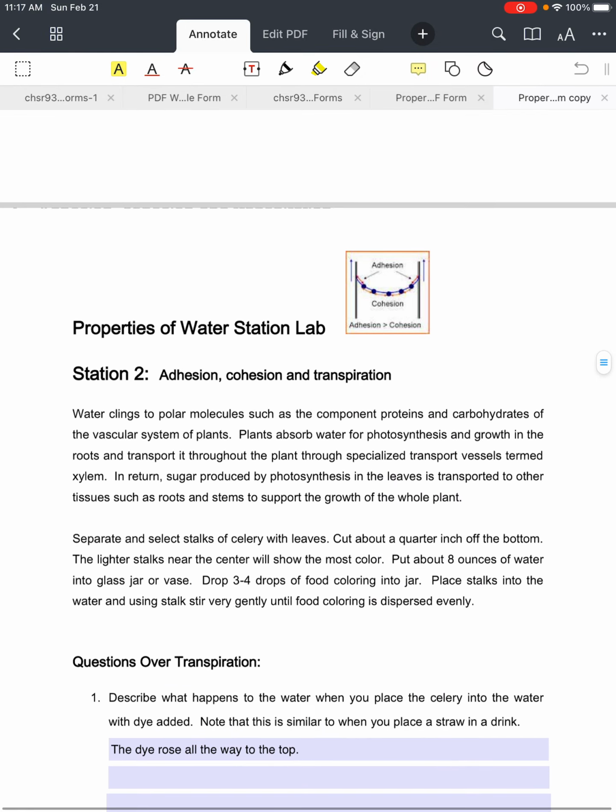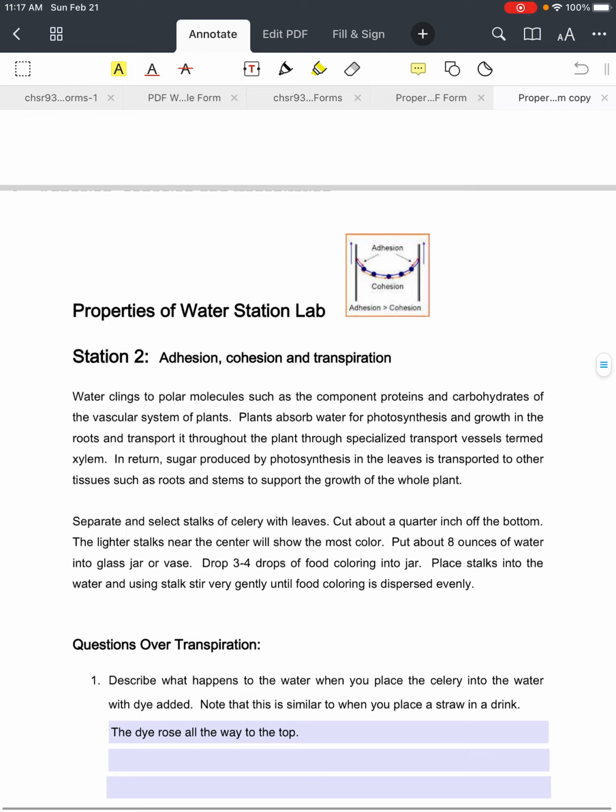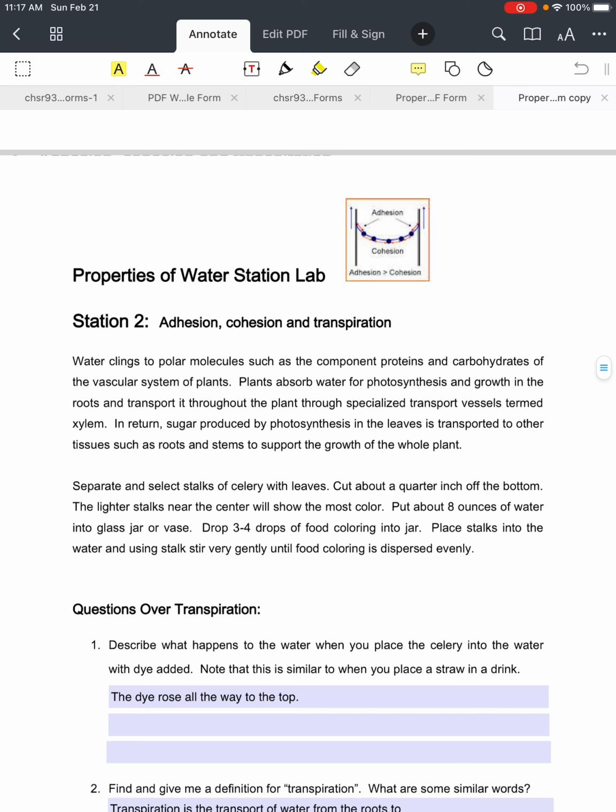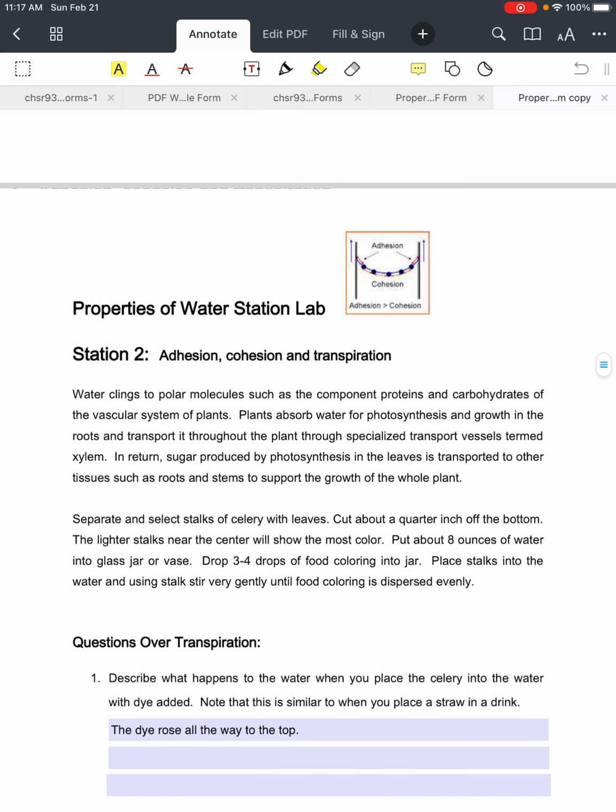So we looked at some celery and some flowers that I put into water with food coloring, and we saw that they took up the food coloring all the way up to the top of the flower petal. And describe what happens when you place the celery into the water with the dye added. The dye rose all the way to the top.